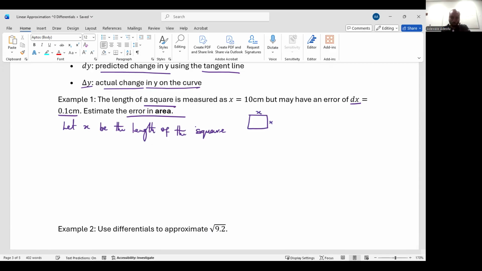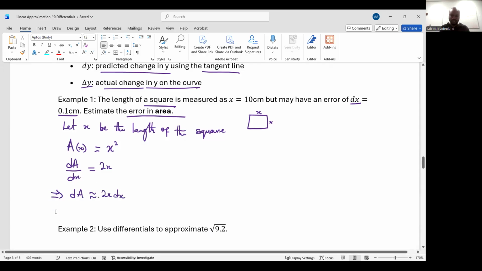The area which depends on x is x squared, right? Now dA/dx is 2x, which implies that the change in area will be approximately equal to 2x dx, from differentials.